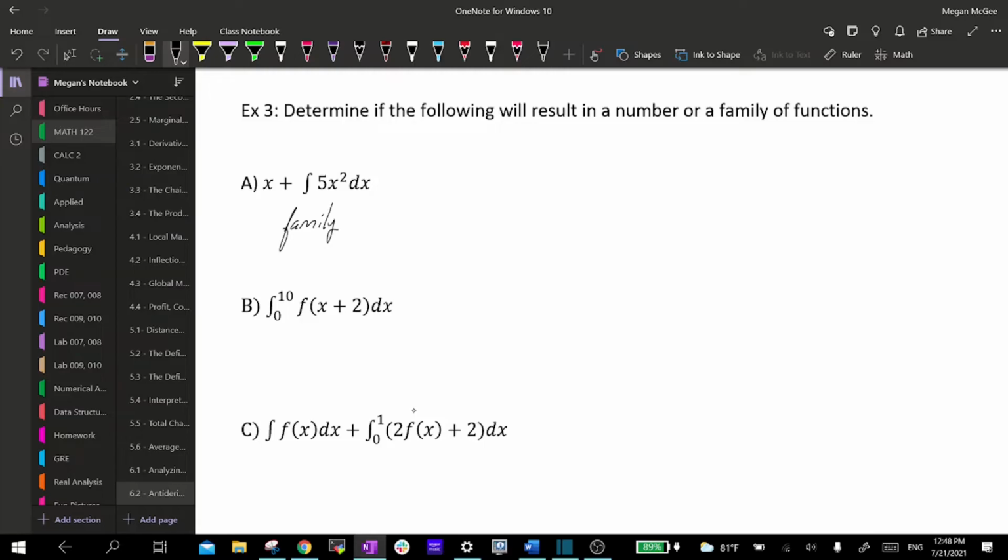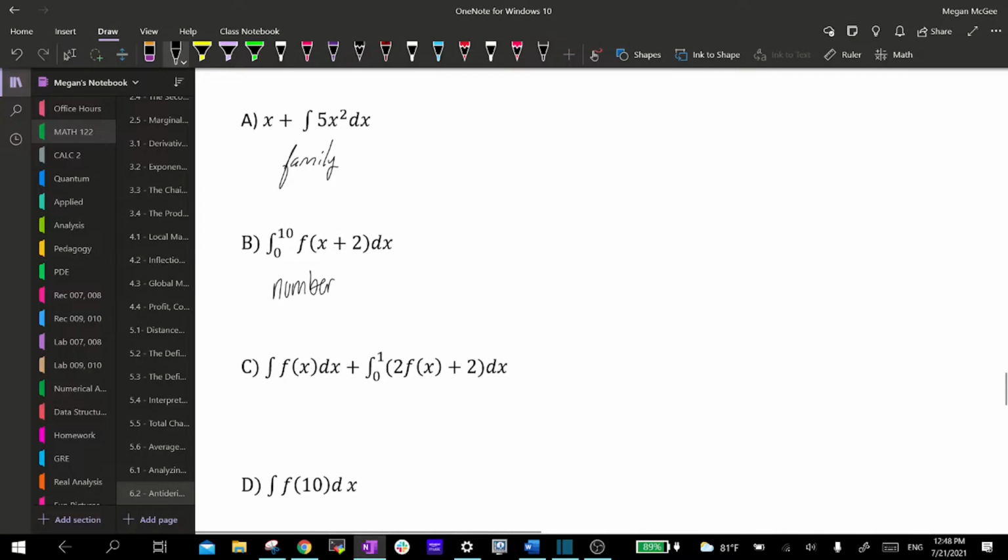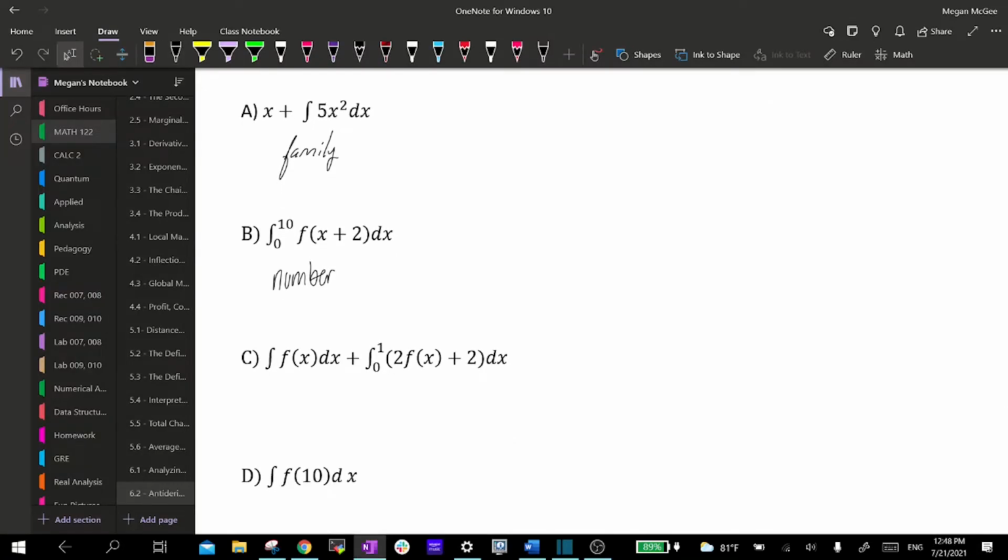Part B, we have a definite integral. Okay, so a definite integral is always going to give us a number. And let's look at part C. So we have an indefinite integral, which gives us a family.